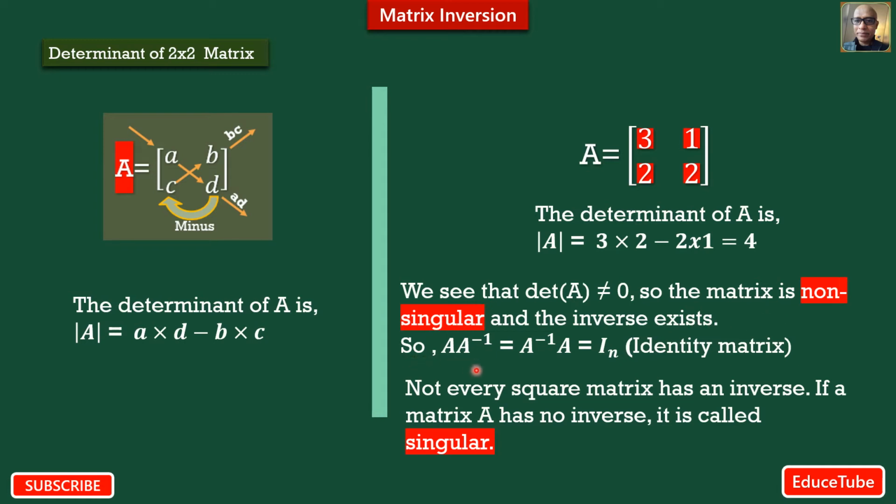And in this case, A multiplied by A inverse or A inverse multiplied by A equals the identity matrix, I N. N is the size or order of the matrix. But not every square matrix has an inverse. So if a matrix A has no inverse, what do we call it? We call it singular. We have to keep it in our minds.